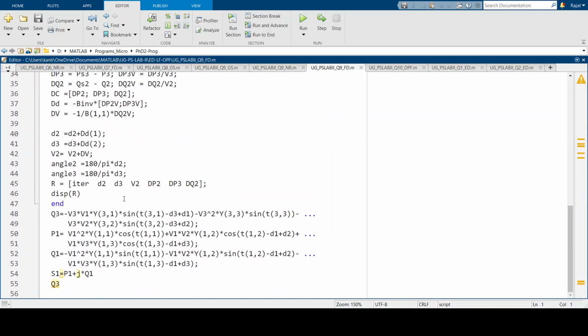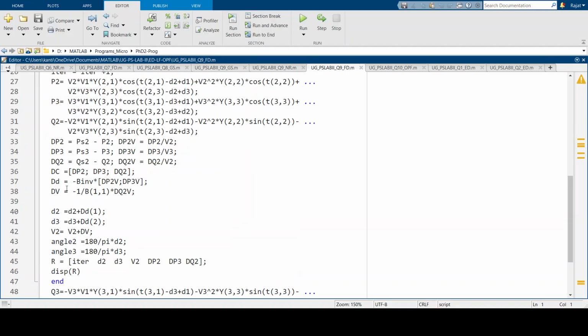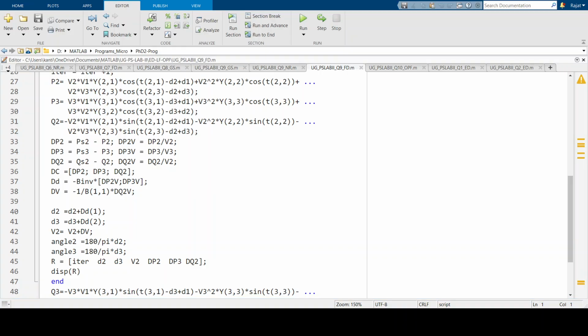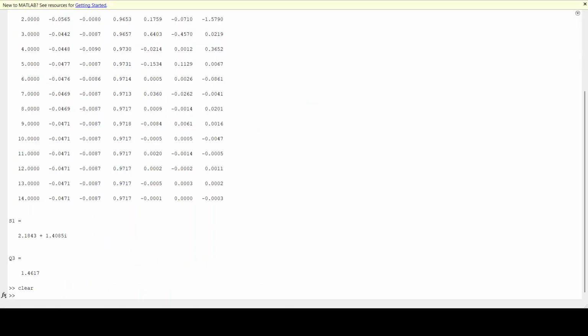Now I am trying to plot this variation. See here, only B11 and B22 are used in this code. So I'll show you the result. I have cleared the screen.